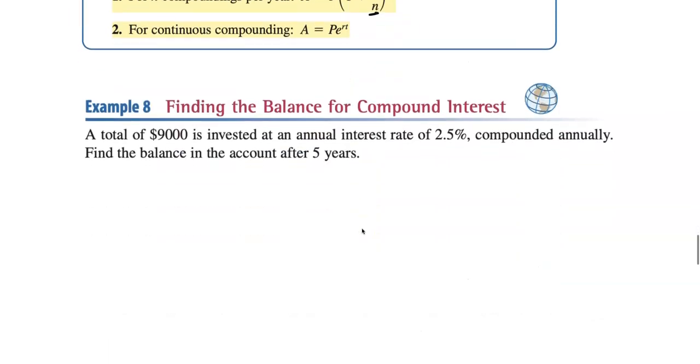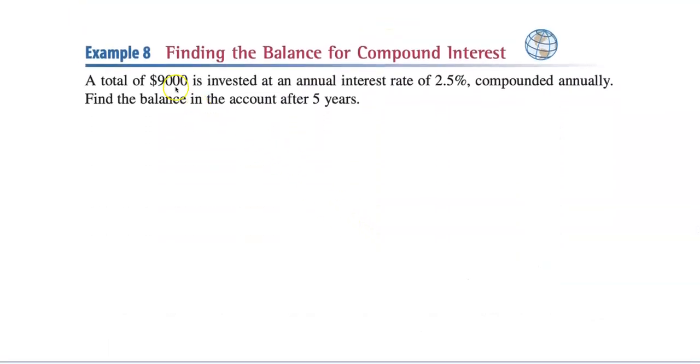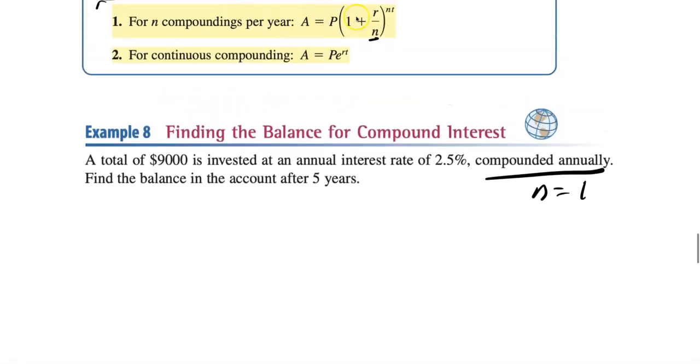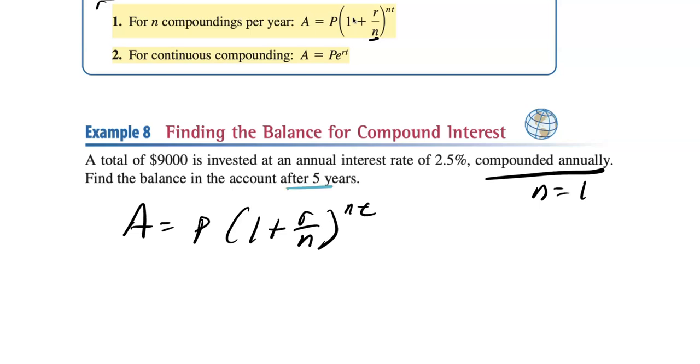So let's do a couple of examples real quick. A total of $9,000 invested at an annual interest rate of 2.5%, compounded annually. Find the balance after 5 years. Compounded annually, so we're going to use the compound interest formula, and n equals 1. I'll put the formula down: A equals P, 1 plus r over n, to the nt. 5 years is our t, so that goes here.